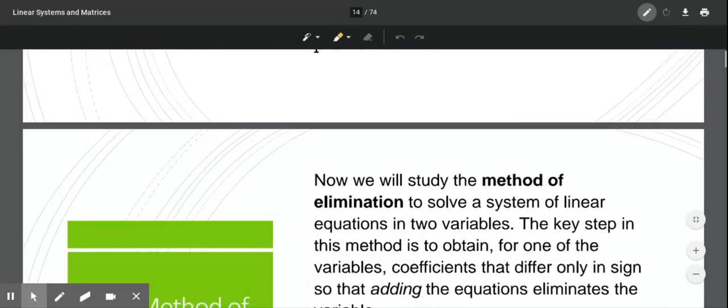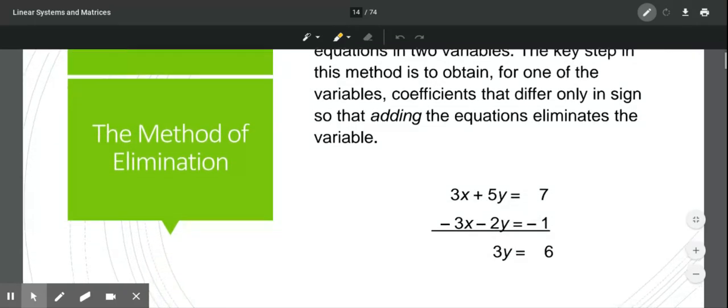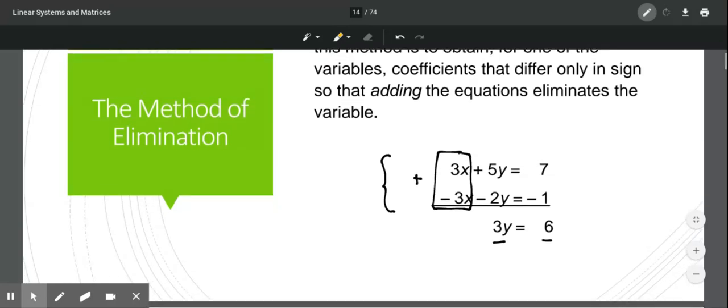So when we use the method of elimination, the idea is that if you had a system that looked like this, if we added these two together, the 3x and the negative 3x would become 0. And so when we add everything else, we would get 3y equals 6.